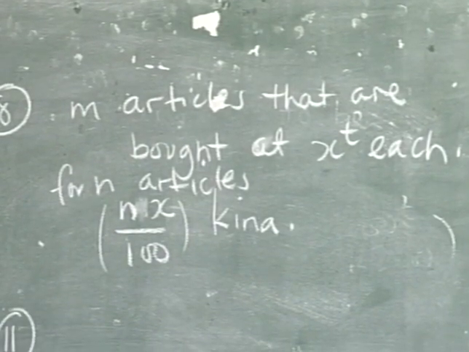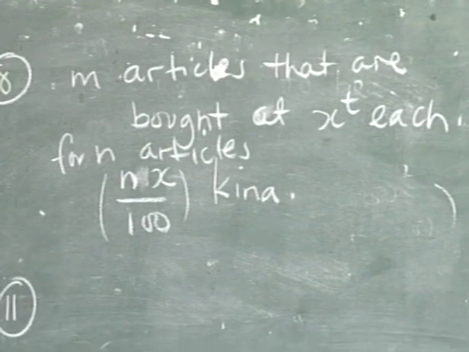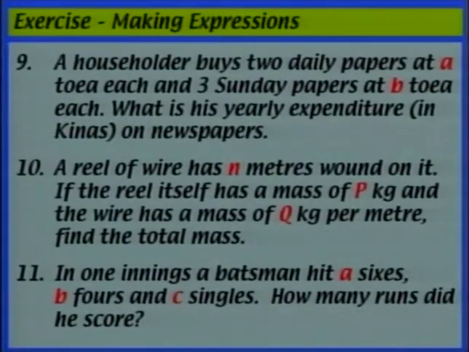For those of you who watch cricket all the time on TV, in one innings, a batsman hit A sixes, B fours, and C singles. How many runs did he score? Vui, since you play cricket, answer this question for us.